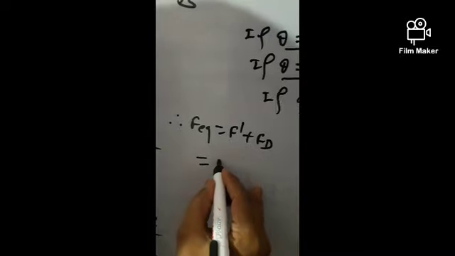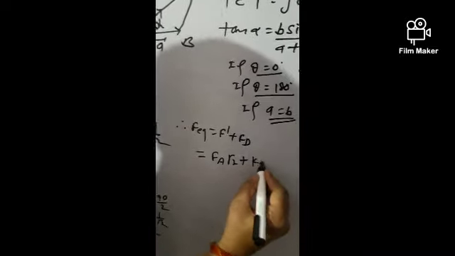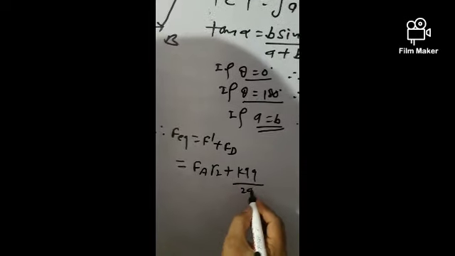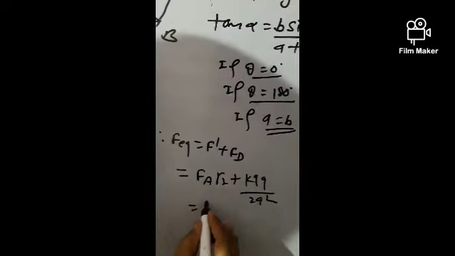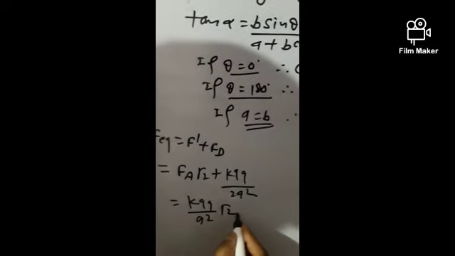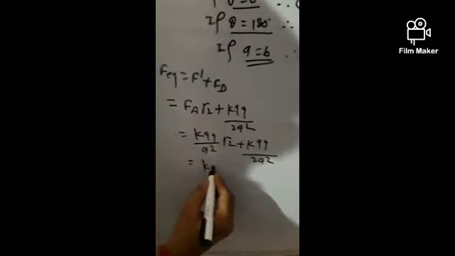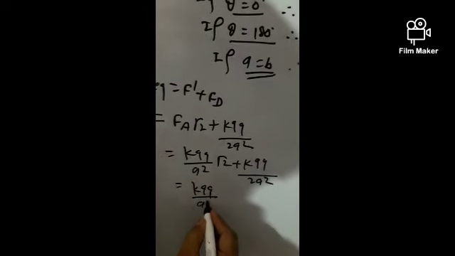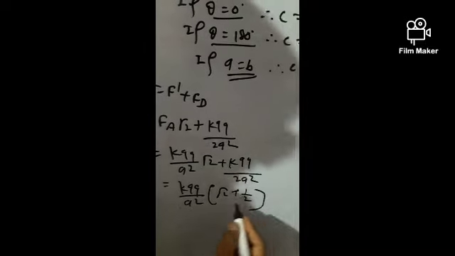So F dash FA root 2 plus FD constant QQ upon 2A square, that equal to constant QQ upon A square root 2 plus constant QQ upon 2A square, that equal to constant QQ upon A square common term root 2 plus 1 by 2.